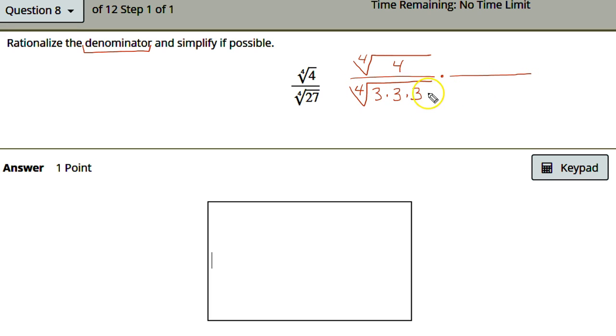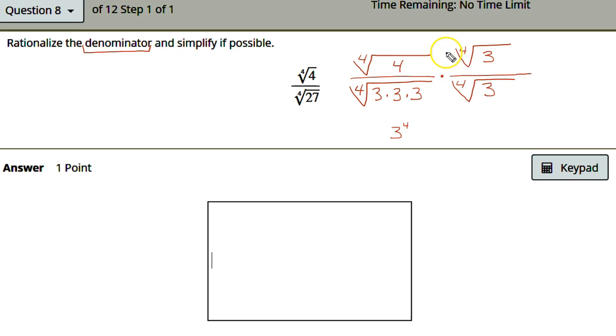Well, what do we have to multiply it by to make this a perfect fourth power? What number do I put here? Well, just another 3. So now this becomes 3 to the 4th, which is 81, which is a perfect fourth power. But since I multiply the denominator by this, I have to also multiply the numerator by this.